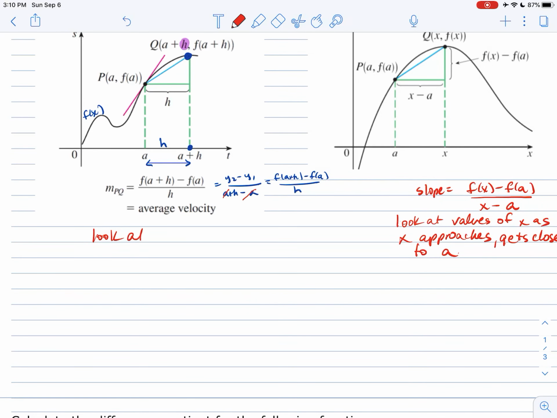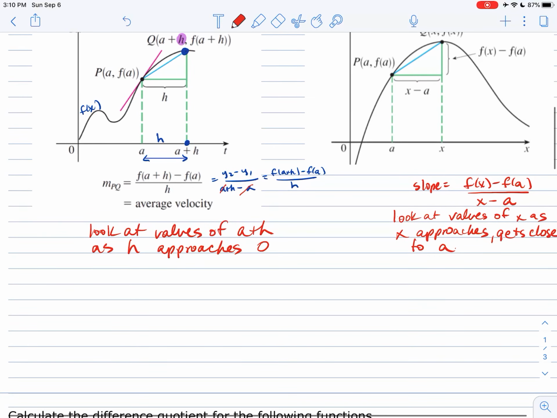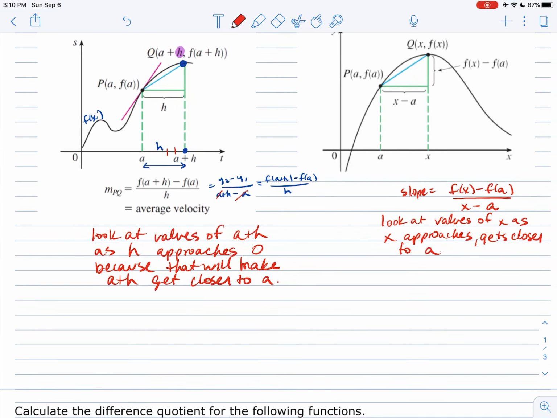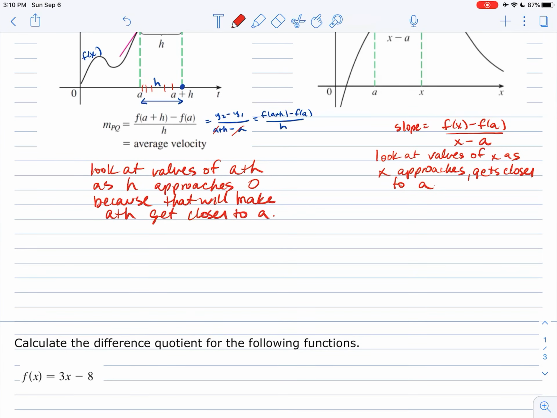And here we're going to say, look at values of a plus h as h approaches 0, because that will make a plus h get closer to a. And of course, as we get closer and closer to the point a, the slope of our tangent line can be more accurately approximated.